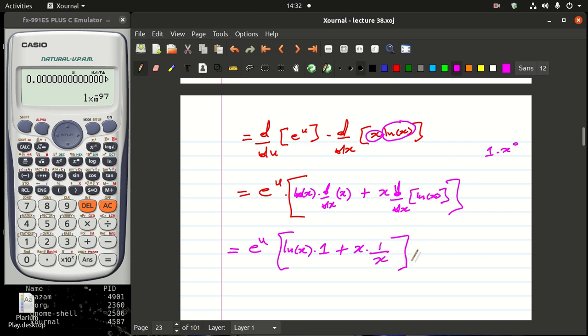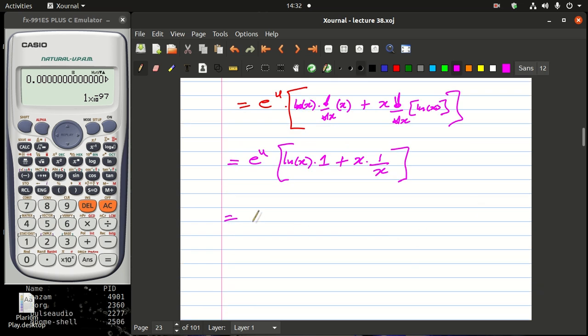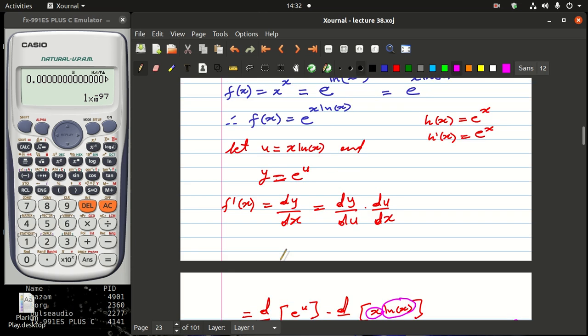Simple as that. Then of course we can simplify and see what we are getting. I still have e raised to u. Inside, ln of x times 1 is still ln of x, and then x times 1 over x is x divided by x, which is just 1. And what was our u?